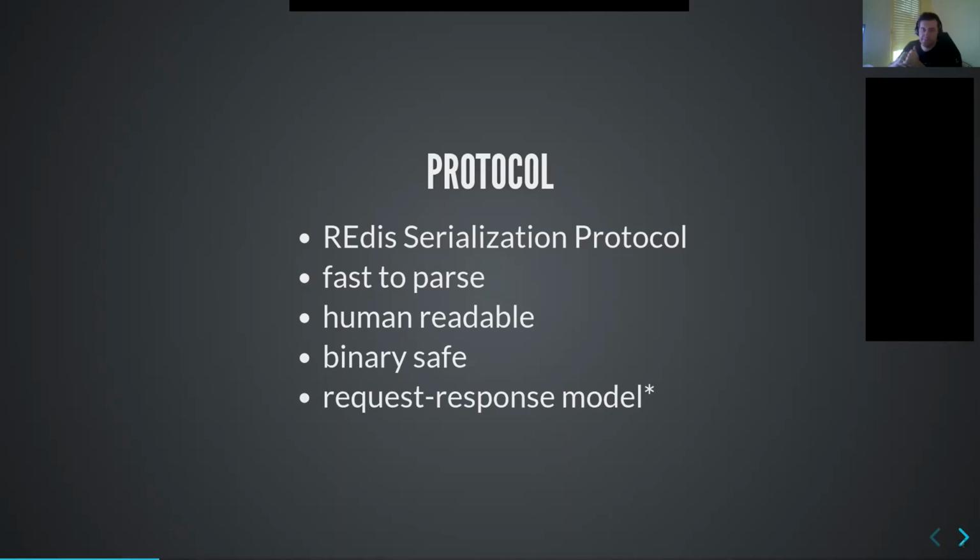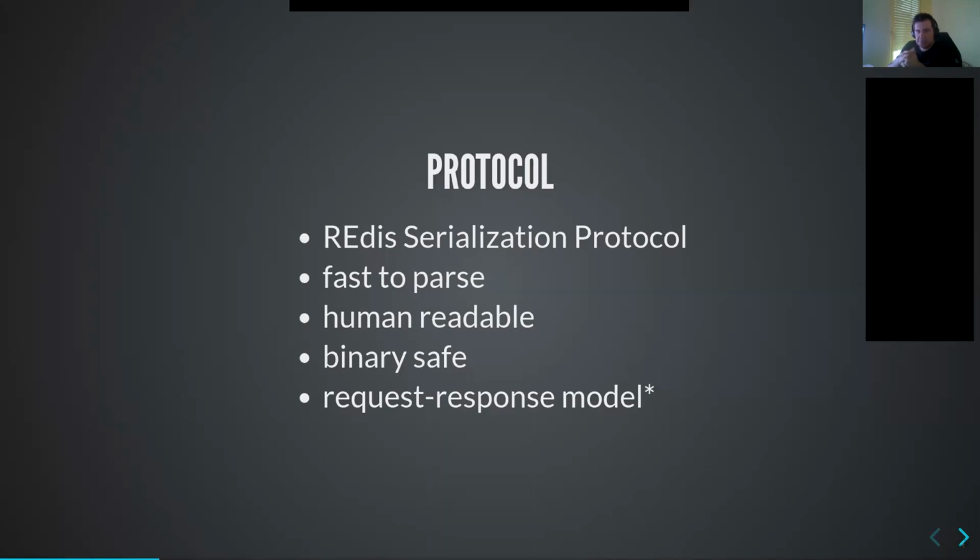Note that the Redis server is single-threaded, so there are multiple constraints that you need to think over, and the usual advice is to have a single connection per client, but that can be tunable up to a certain degree. You will see that I put an asterisk next to the request-response model because, due to functionality being added to Redis, there are basically three scenarios in which this doesn't apply.